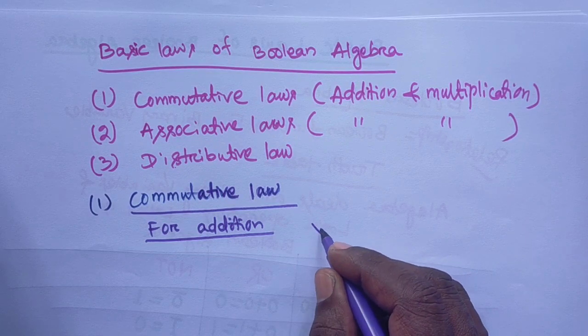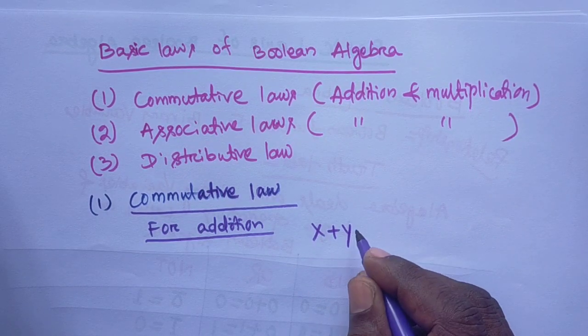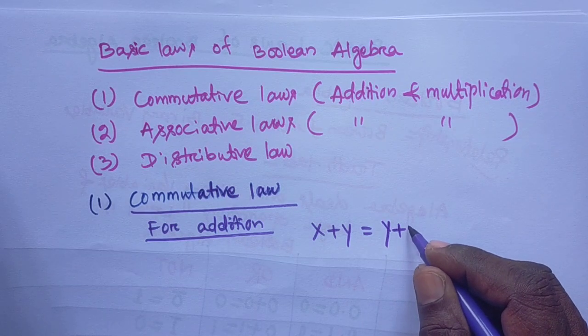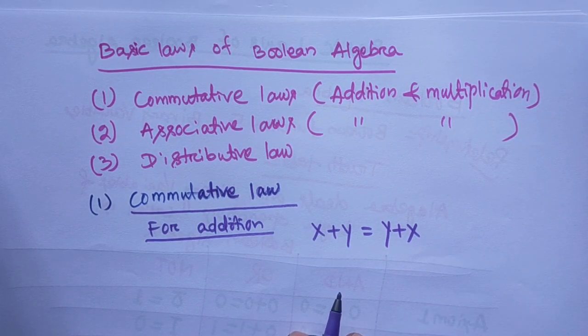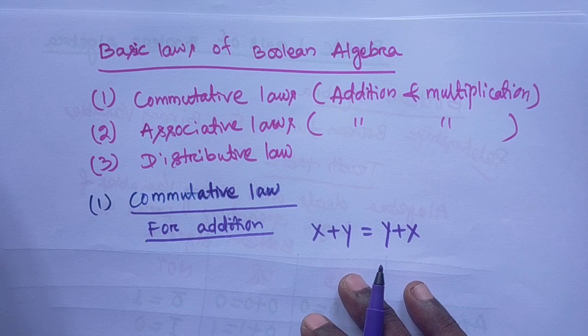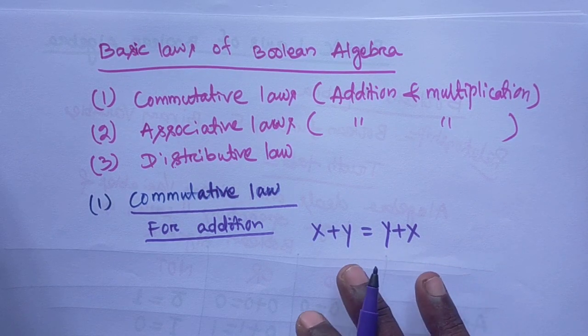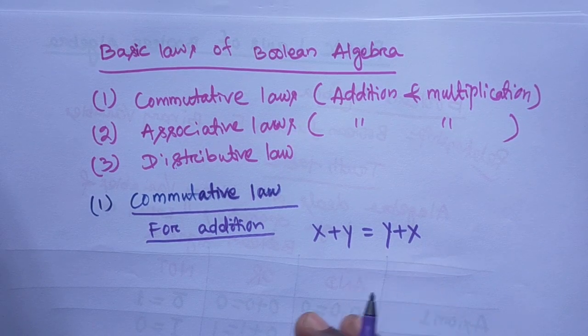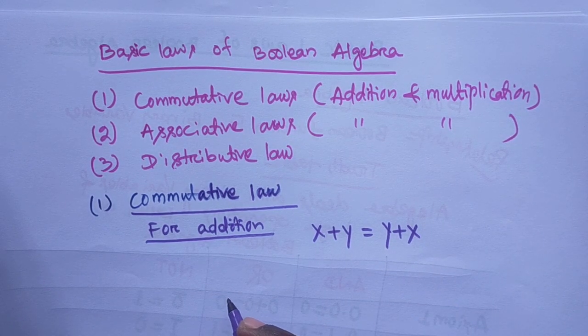Commutative law for addition means x plus y is equal to y plus x. Very simple way. All of you know that, I think. Now we prove how both expressions are equal through logic gates.